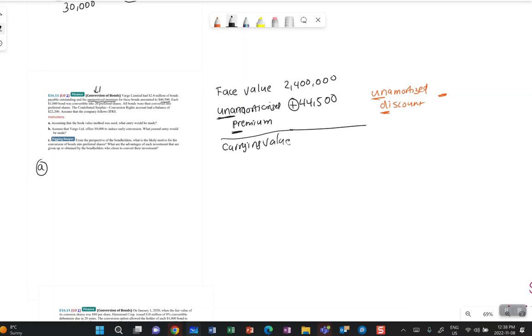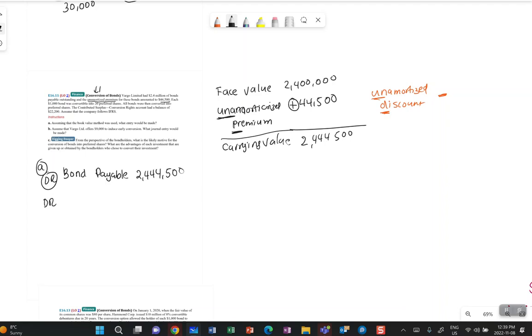So in this case, I will have 2,445,000 (sic), and that's the value of your bond. We have a bond payable, and if you're converting it, you will have to debit the bond payable of $244,500. So that's my debit.